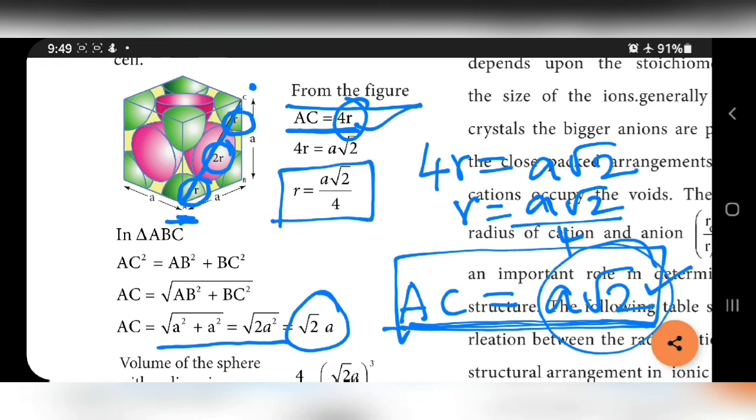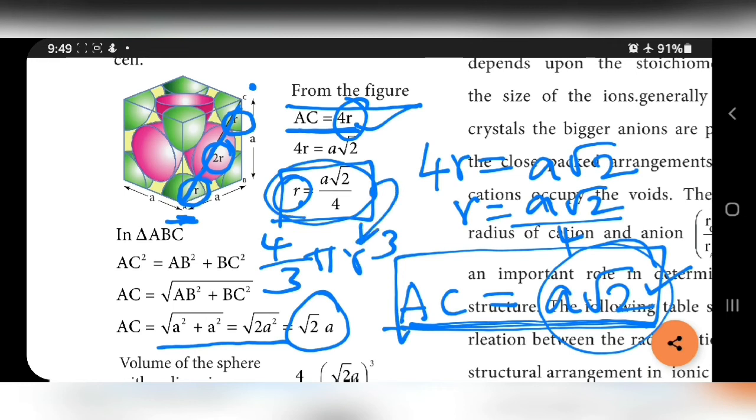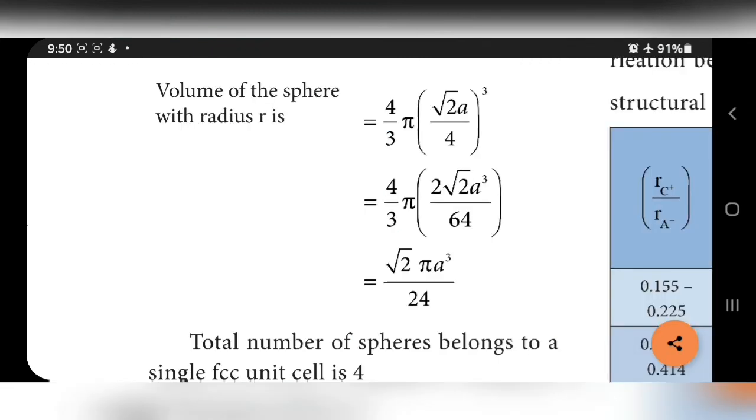By using this r, we can calculate the volume of one sphere using the formula 4 by 3 pi r cube. You already know the r value. If you substitute the r value in this equation, we can calculate the volume of one sphere. Next we are going to calculate the volume of one sphere using the formula 4 by 3 pi r cube.